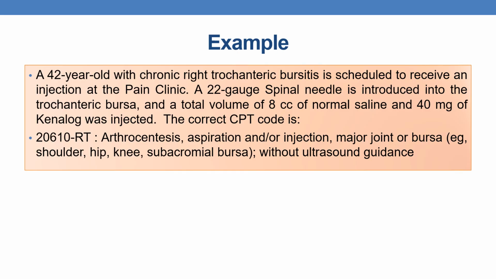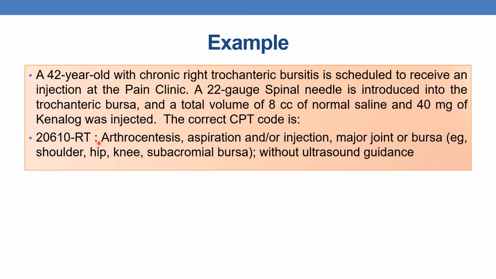Now let us discuss an example. A 42-year-old with chronic right trochanteric bursitis is scheduled to receive an injection at the pain clinic. A 22-gauge spinal needle is introduced into the trochanteric bursa and a total volume of 8 cc of normal saline and 40 mg of Kenalog was injected.